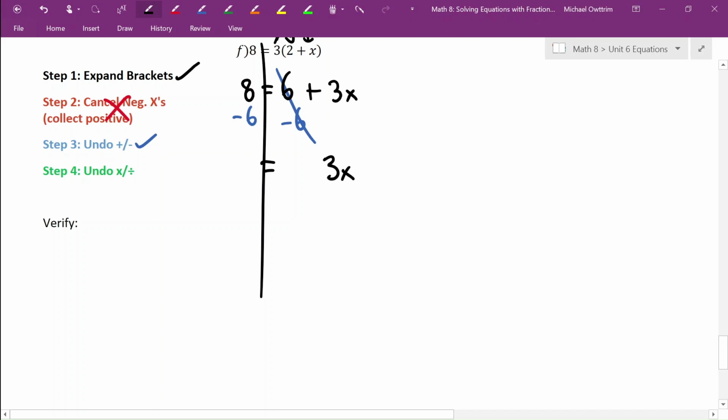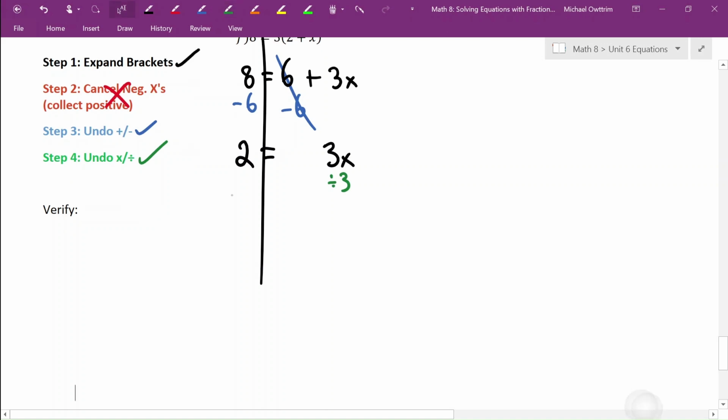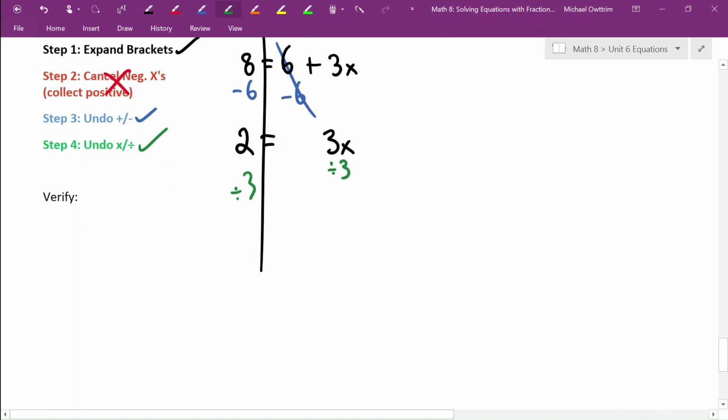And on the other side, 8 take away 6 is 2. Last thing to undo is our multiplication or division. X is being multiplied by 3. The opposite is dividing by 3. And we'll do that to both sides of our equal sign. 3 divided by 3 cancels out, leaving us with our x. And on the other side, 2 divided by 3 is the fraction 2/3.